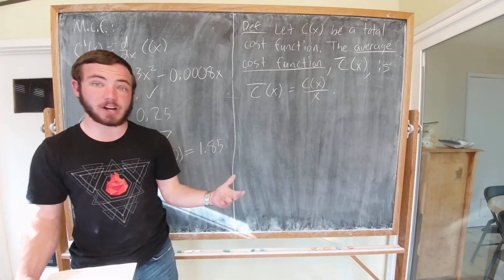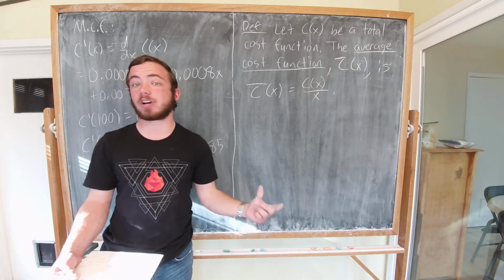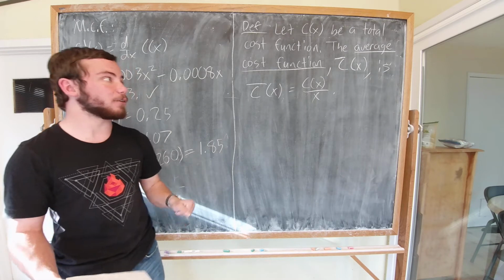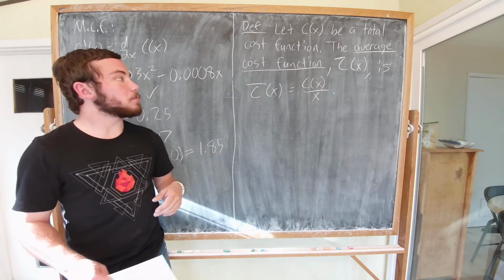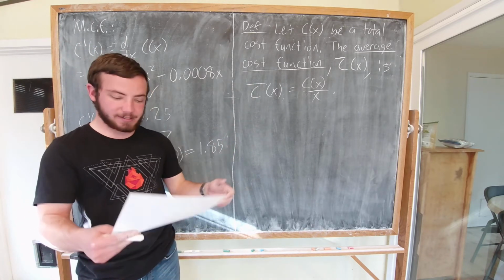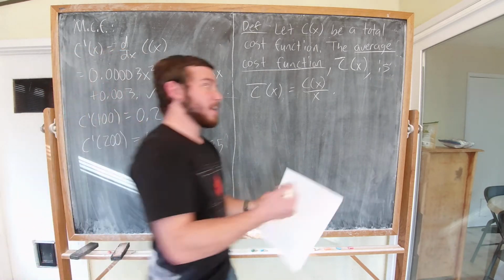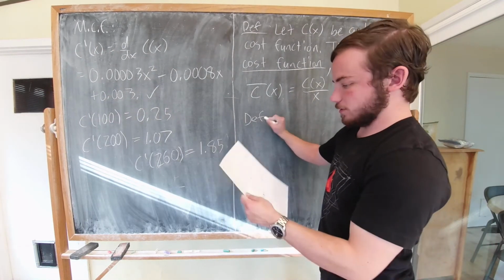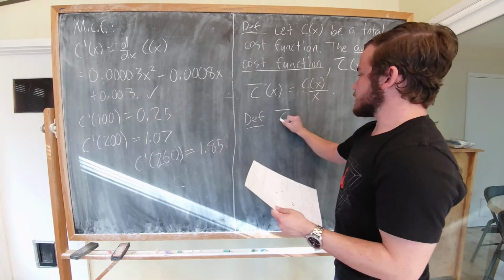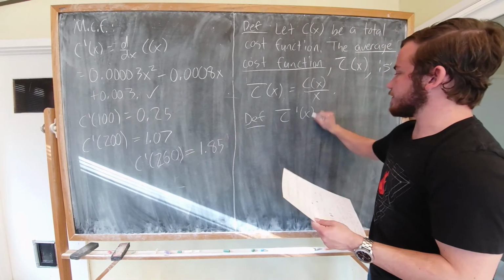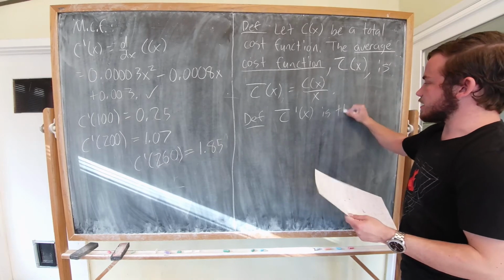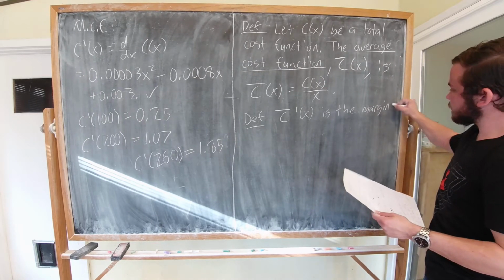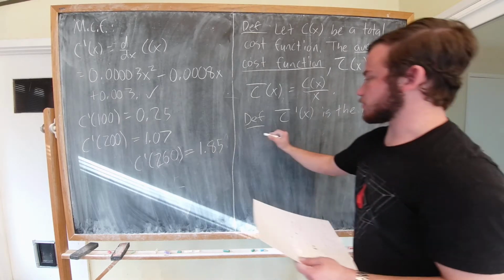So you have all those costs, and you don't incur those costs again on the second unit, right? But those costs start averaging out. So that's our average cost function, C of x divided by x. And of course, as soon as we have a function, we can talk about the marginal version. So C bar prime of x is the marginal average cost function.